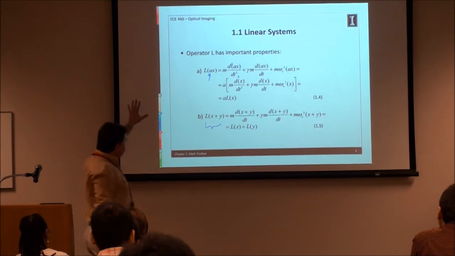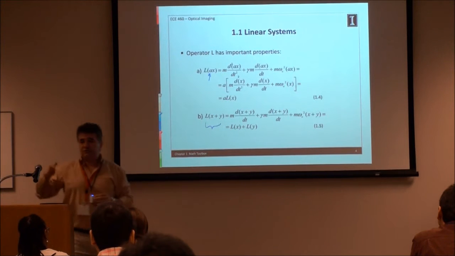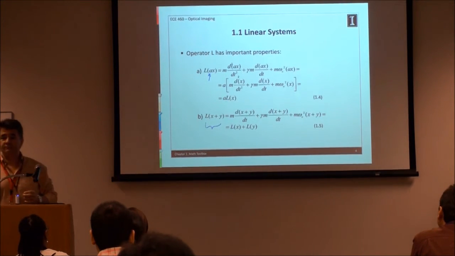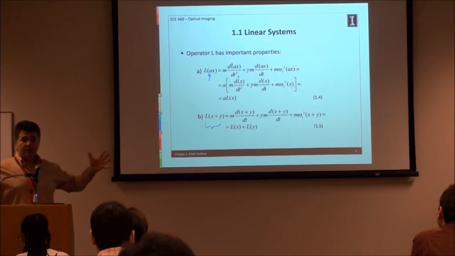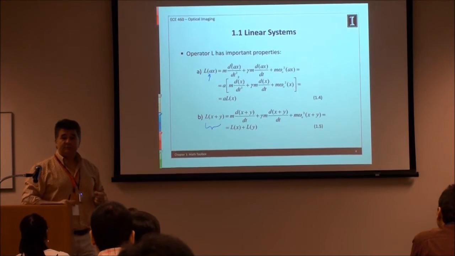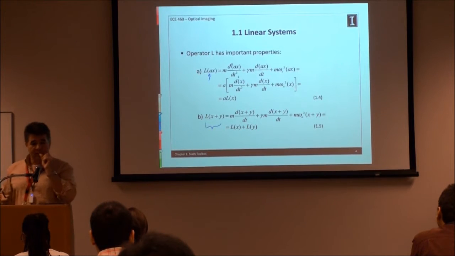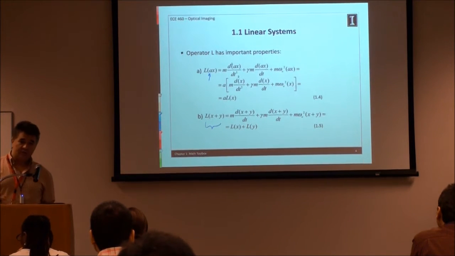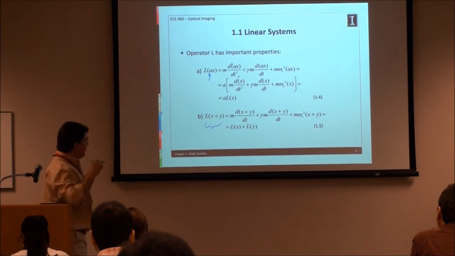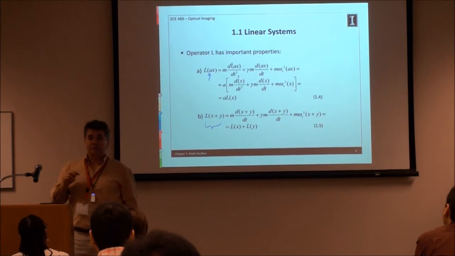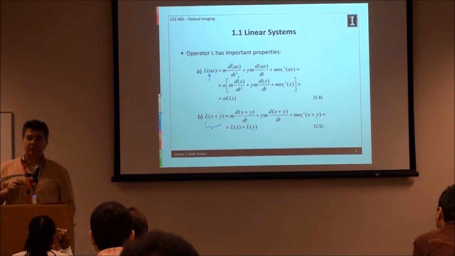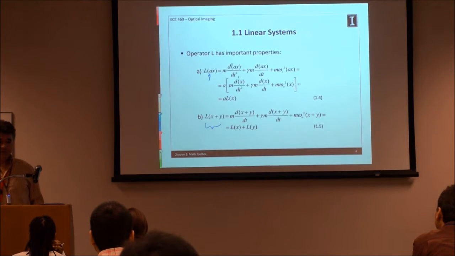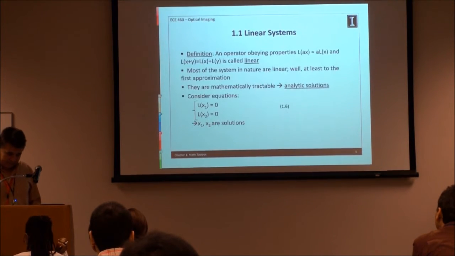The fact that this is a linear operator tells me that I can solve each problem separately. Okay, L of x equals F1, and then L of x equals F2. And in the end, I add the results, x1 plus x2. And this is very, very important because I can break down a problem that is very general and could be complicated into smaller pieces that are easily tractable.